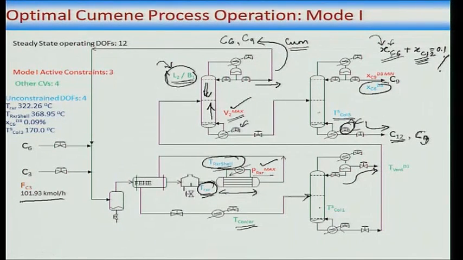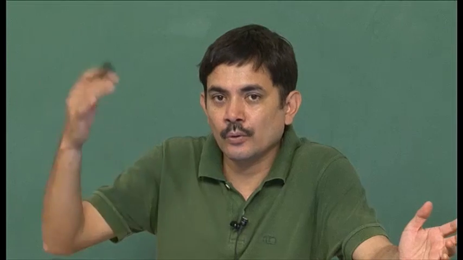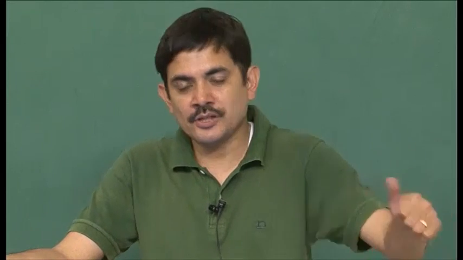If I make X C6 too small, then this will go too high. If I make X C6 too large, X C12 will be too small and then this will blow up. So, either way I will get a blow up in the energy consumption per kg product.